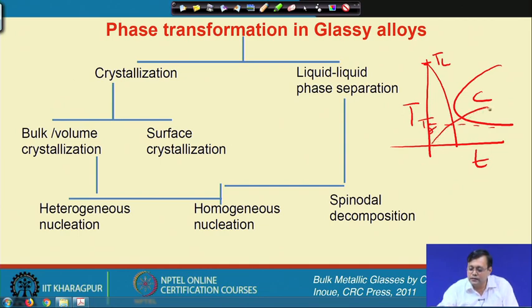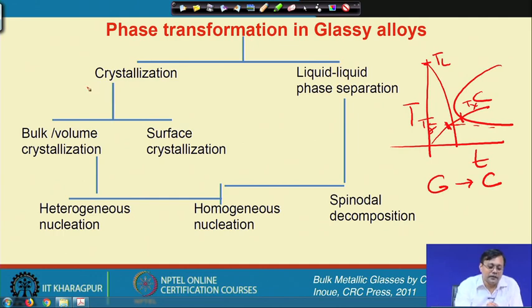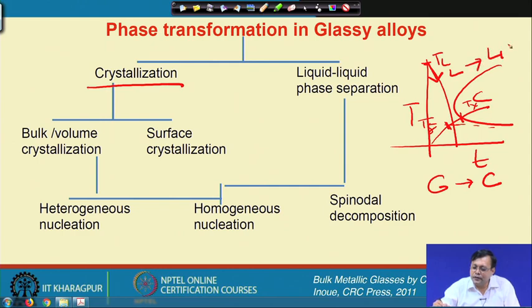However, if we increase the temperature again, we will go through a T g event and then there is a T x. This glass to crystal transformation is also a phase transformation, which is the crystallization event. Or it may be that during cooling itself the liquid transforms into two different liquids, which is also possible.